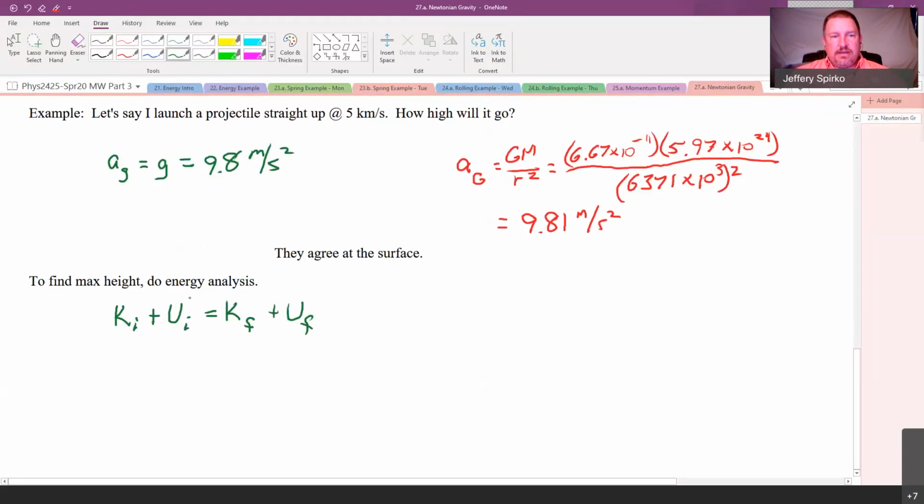And we say U is 0 at the surface, K is 0 at the top, and we end up with 1/2 mv initial squared is mgy final. And we cross out the m's, and we find out that y final is v initial squared over 2g.